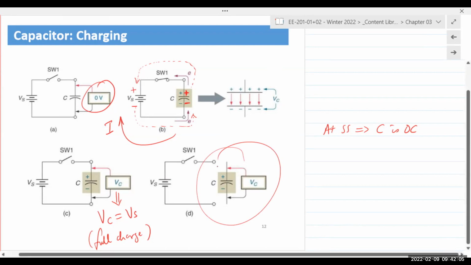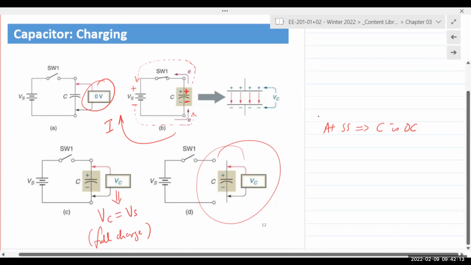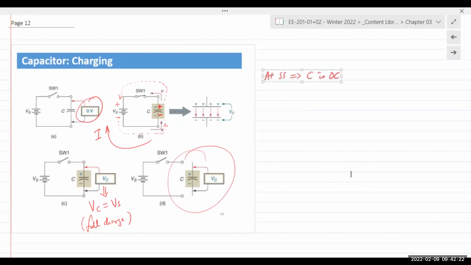Now, that is for an ideal capacitor. A real life capacitor is represented like this. Even though we have an insulator between the two plates, a real life insulator, no matter how good it is, will always allow some small passage of electrons.